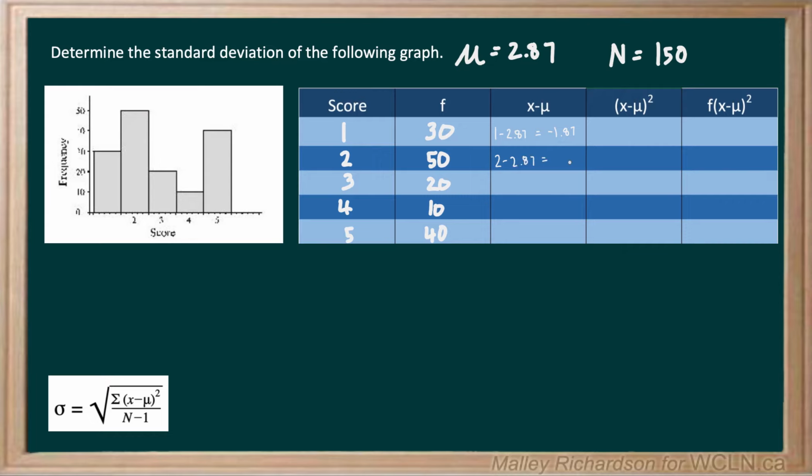And 2 minus 2.87 gives us a value of negative 0.87. Now if we continue this for the next row, we get 3 minus 2.87 to give us 0.13, 4 minus 2.87 to give us 1.13, and 5 minus 2.87 to give us 2.13.